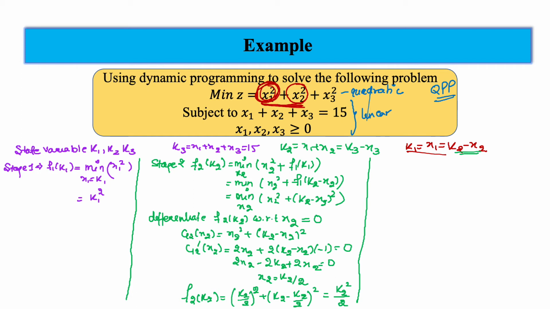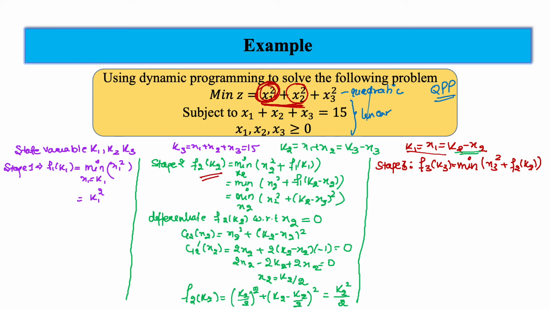We have simply substituted x2 equals k2, and we find out the minimum value of this function. Now in stage 3, that is the last stage, we have to find out f3 k3, which is again to minimize x3 square plus f2 k2, whatever we obtained from the previous stage.